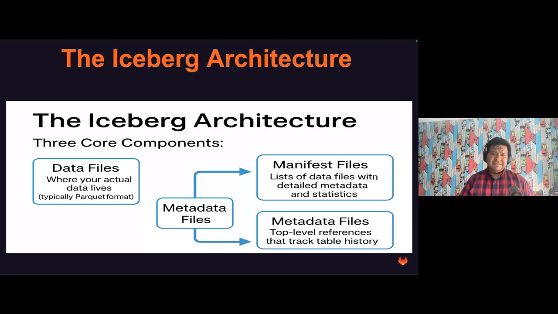The metadata files consist of two things: manifest files, which contain the list of data files with detailed metadata and statistics, and the metadata file itself, which is a top-level reference that tracks the table history. This structure creates just the right level of abstraction, not as rigid as traditional database tables, but not as chaotic as raw files in a data lake.